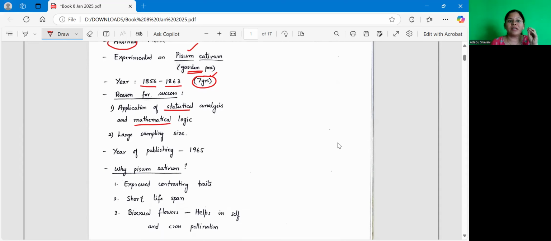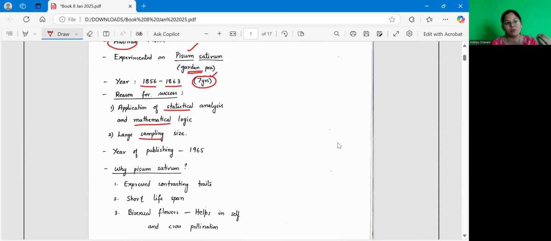Then he has used a large sampling size. What do you mean by sampling size? In order to do his experiment, he didn't do it only in 50 or 100 pea plants. He has done that experiment in thousands and thousands of pea plants. So if you're doing experiments on thousands of organisms, whatever results we get, we can generalize it.